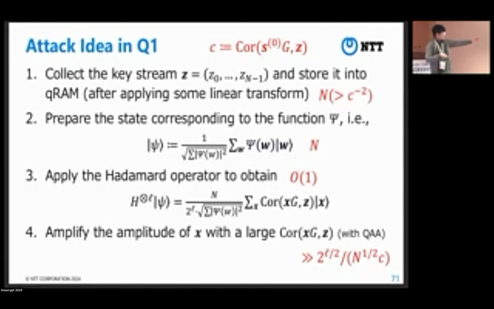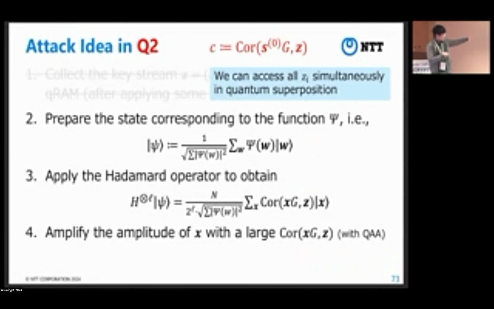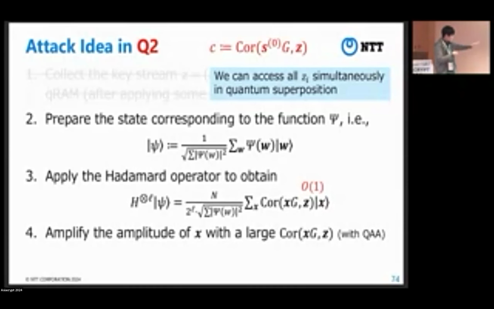So the Q1 attack looks like this. But in the Q2 setting, we can skip the first step, because we have a very strong quantum oracle, and we can access all key stream bits Zi simultaneously in quantum superposition. About the remaining steps, the third step is completely the same as before, and it requires only order 1 complexity.